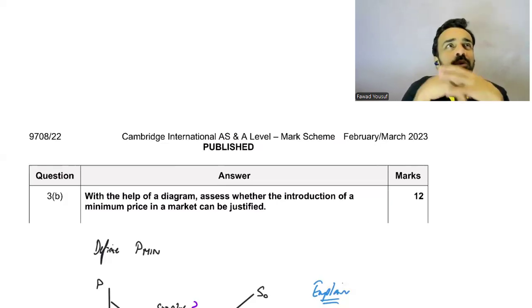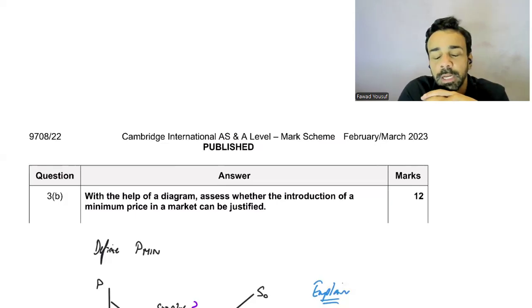But उसके अंदर मुझे ये पता है minimum prices के अंदर, sorry, the other subsidies or transfer payments में, the government needs to spend money.